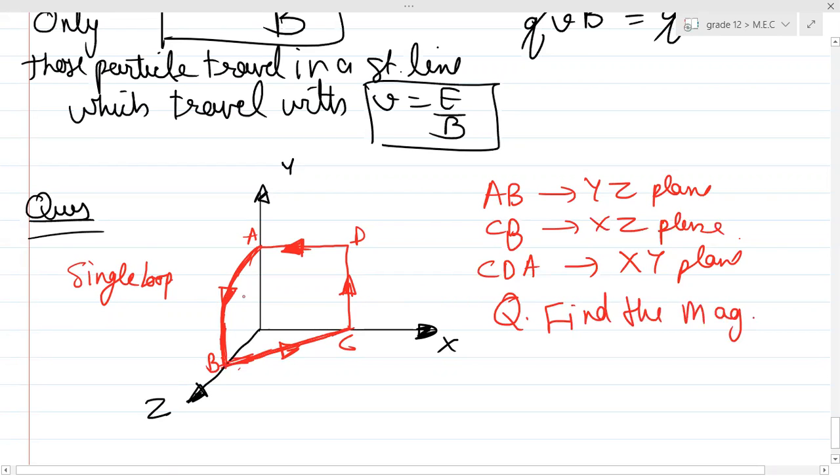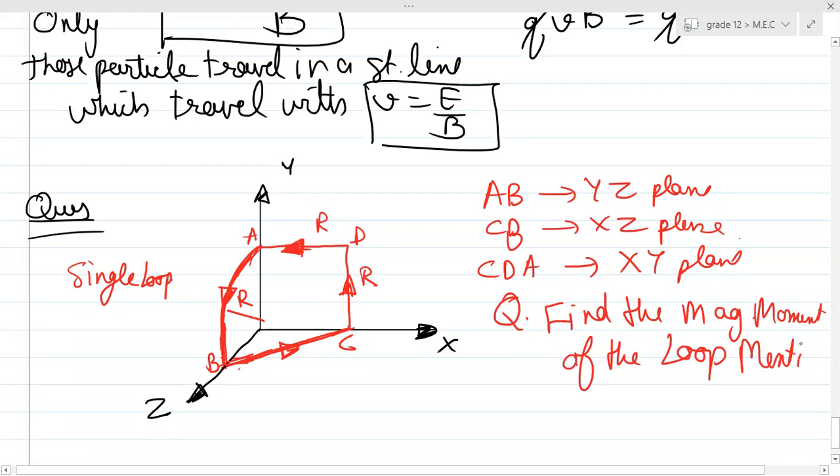By the way, this thing is R. This is a semicircle. So now I think you are able to tell each and every dimension, right? This is also R. This is also R. Find the magnetic moment of the loop.